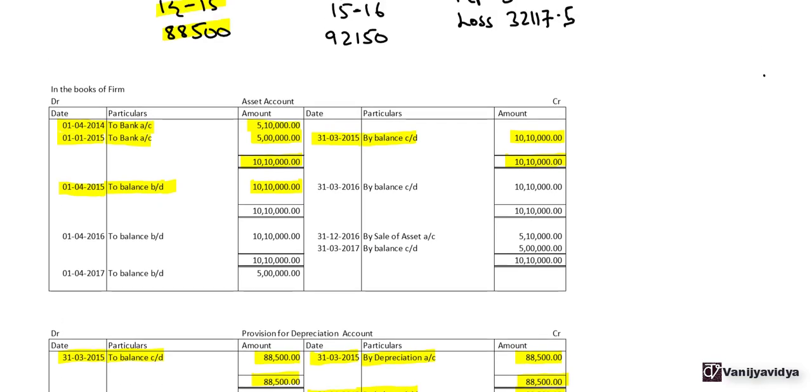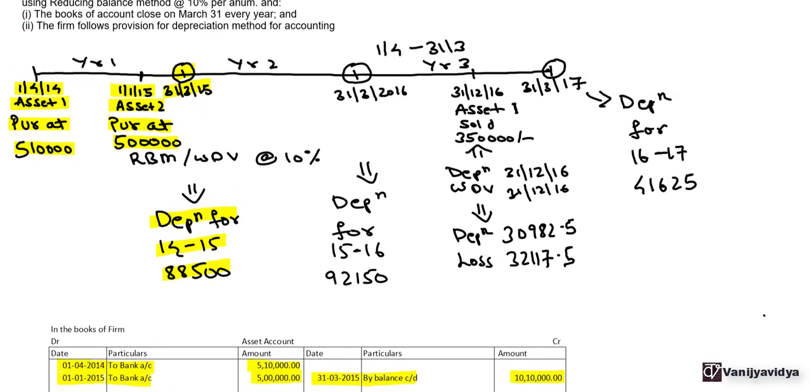Now year 2. In year 2 there is no purchase and sale, so directly on 31st March 2016 we record the entry for depreciation. So depreciation for the year 2015-16 is 92,150. So let's record this entry for depreciation.